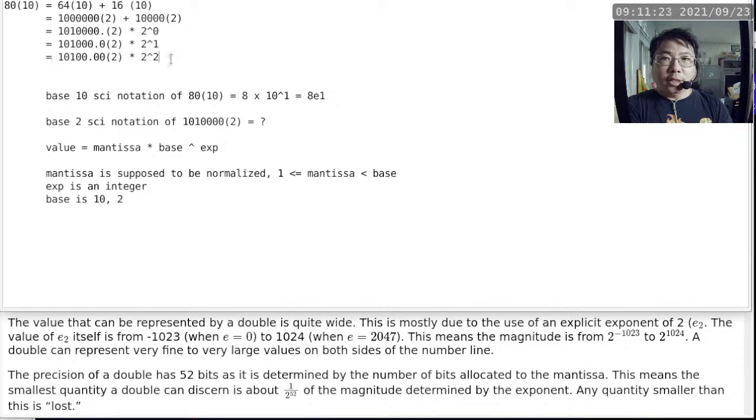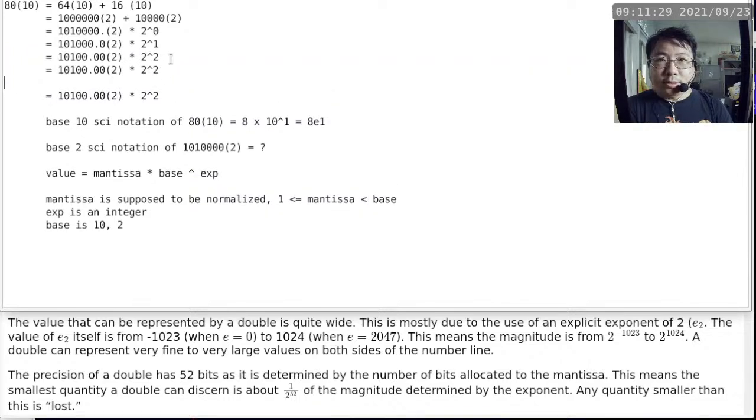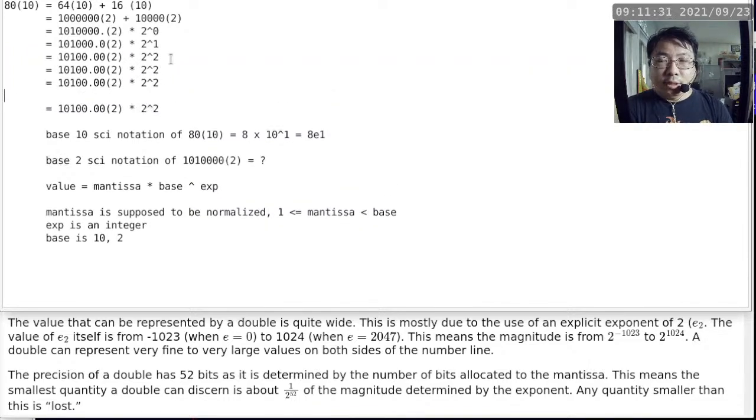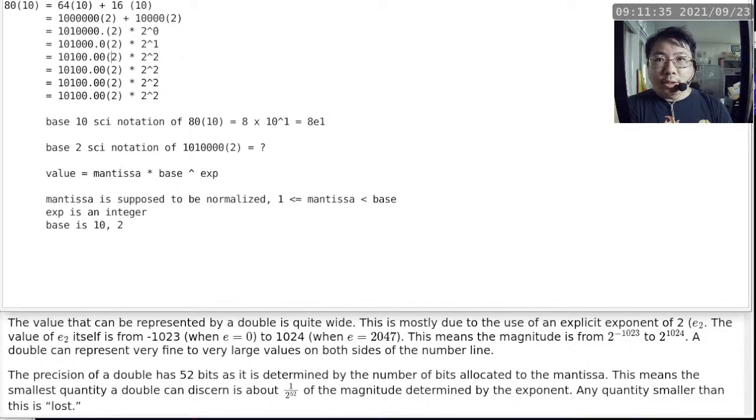And if you want, we can just copy and paste this several times until we are done with the whole thing. With each step, I know some of you are thinking, oh, this is absolutely boring, which it is. Okay, so now we have 2 to the power of 3, and this is to the power of 4. We have to move this one all the way over here.